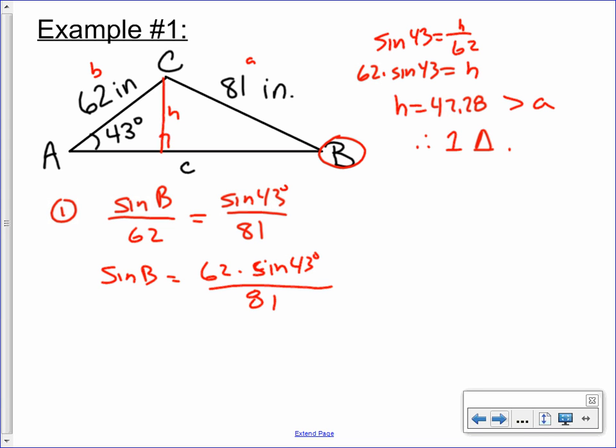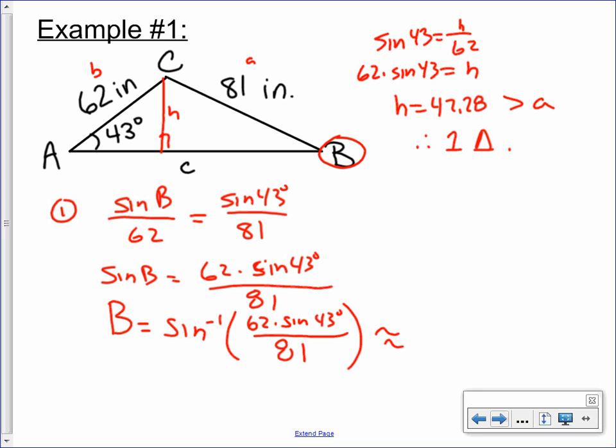I'm being lazy and not putting the degrees. Sorry about that. And of course, to find B, you would just take the inverse sine of 62 times sine 43 over 81, which gives you about 31.47 degrees. Start filling it in. So this is 31.47 degrees.